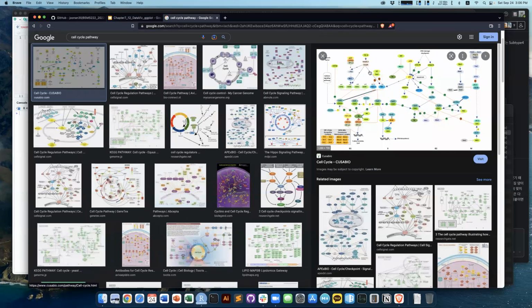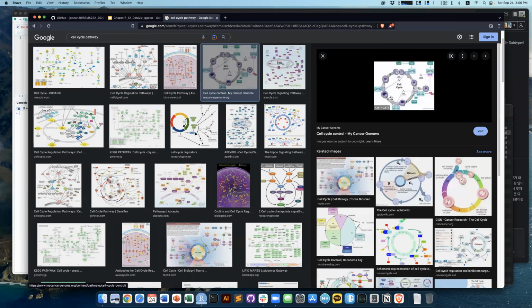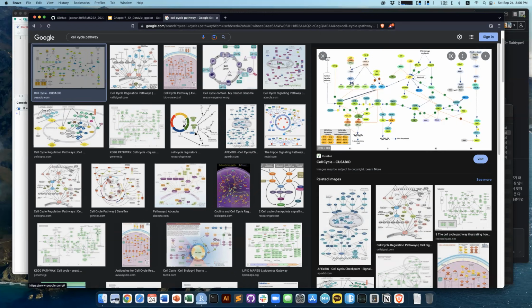This is how a cell undergoes preparation and the cell cycle during mitosis. We normally see the cell cycle like this, but when you plot those protein relationships, you can summarize the relationship like this, right?